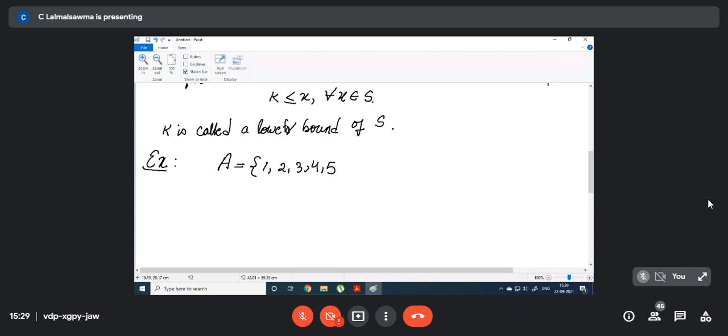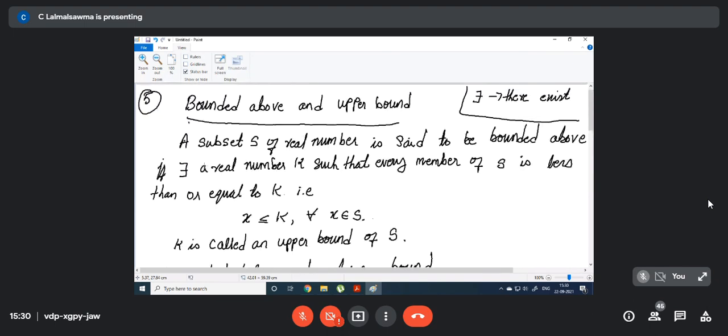First, we will look at the definition, where we use the word S. So for the time being, I will replace this S. It can be any set, but in the definition, I use S. S is said to be bounded above if there exists a real number k such that every member of S is less than or equal to k.